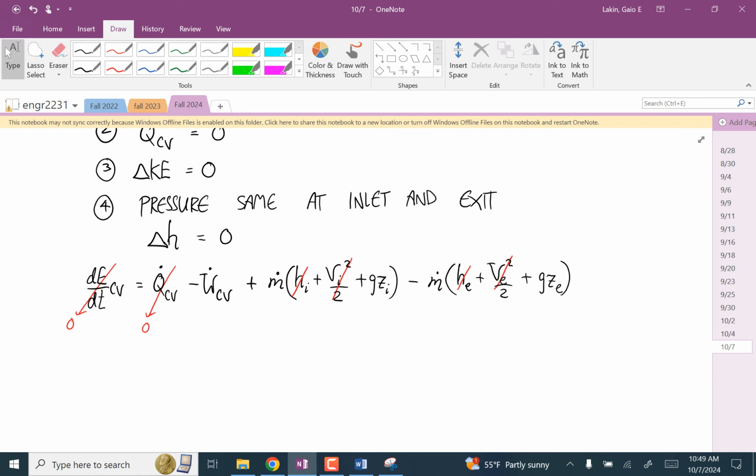And so we get a simplified form that says W dot for the control volume is equal to m dot times the quantity g zi minus g ze.